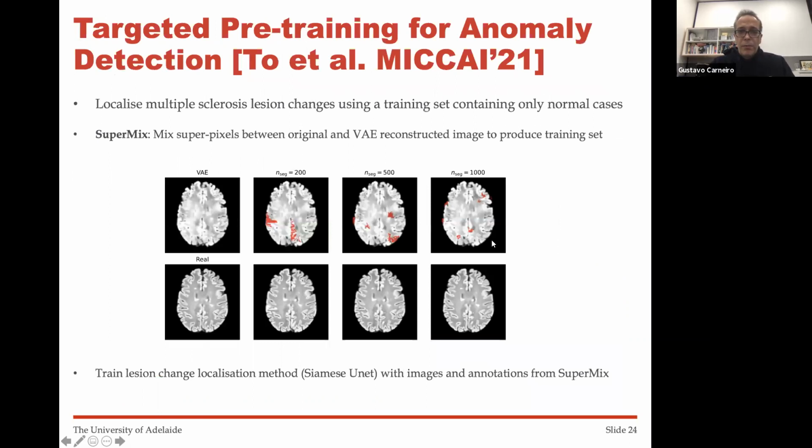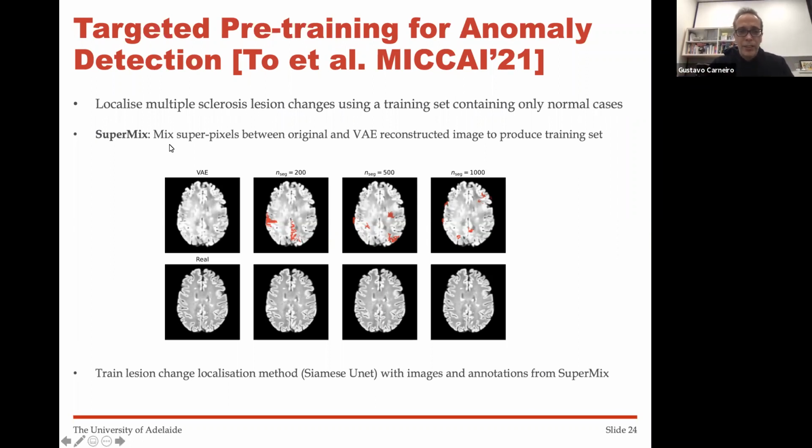And for MICCAI this year, we also have this targeted pre-training. Here, our goal was to do a pre-training, but differently from before, where we didn't try to have a pre-training that is very targeted to the problem. So we tried a very general pre-training with SimCLR type data augmentation.